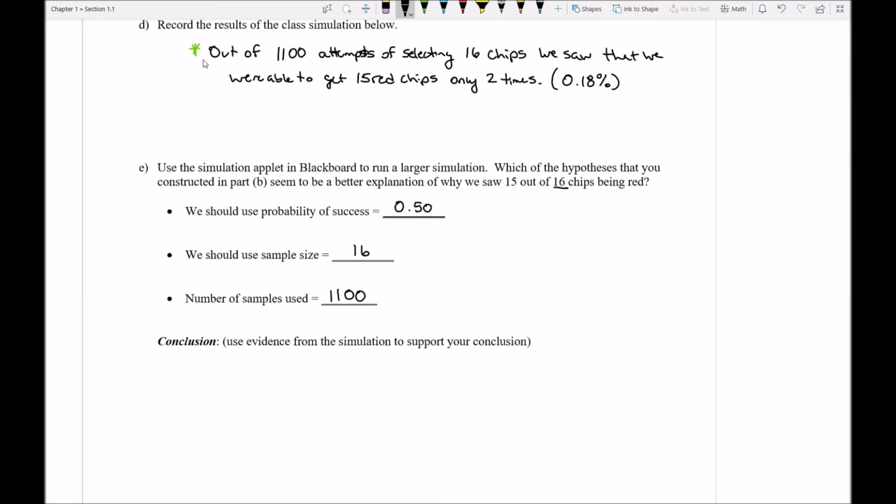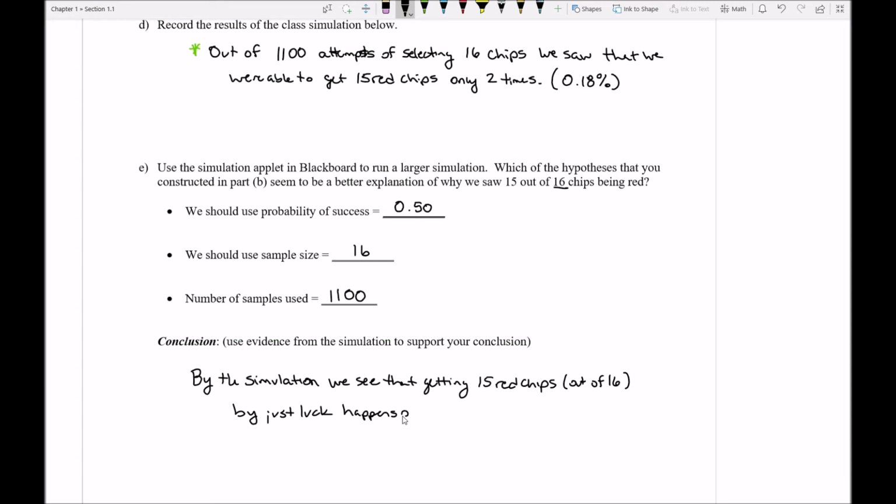I'm almost going to copy a lot of what we did up above right down here. So I can state that by the simulation, we see that getting 15 red chips, this is again out of 16, by just luck happens only about 0.18% of the time, right?